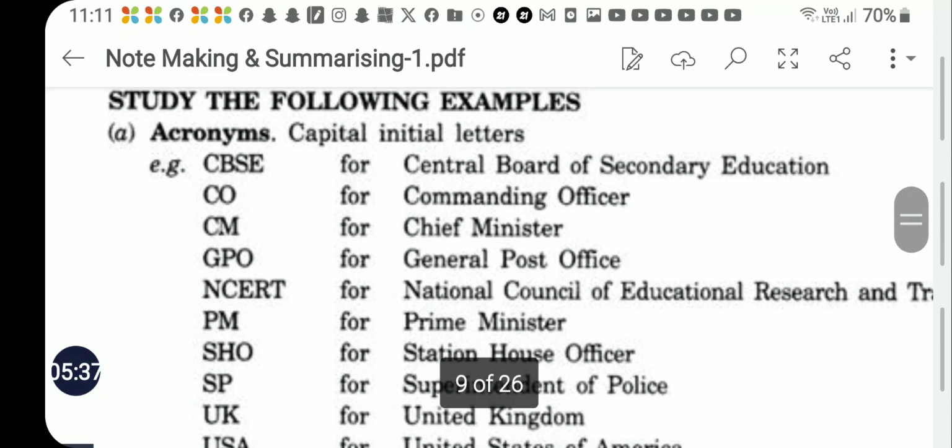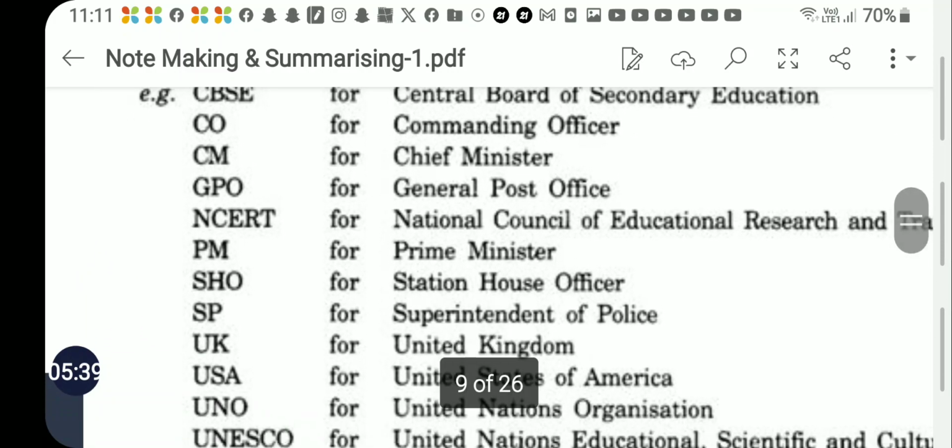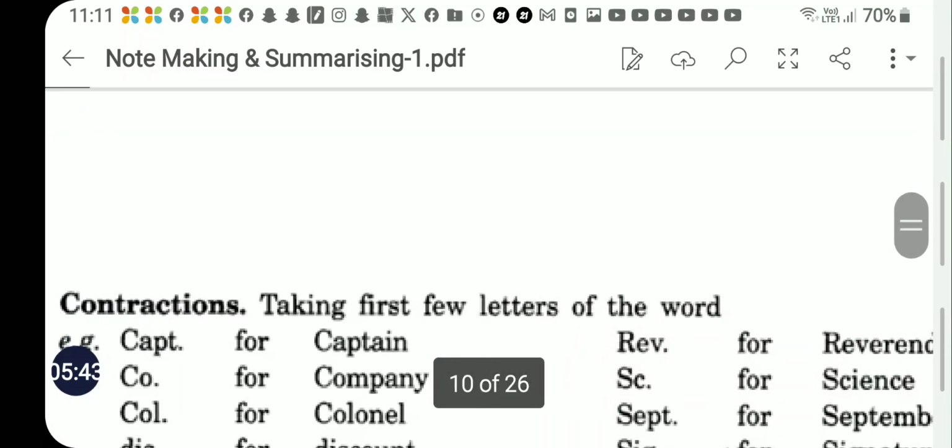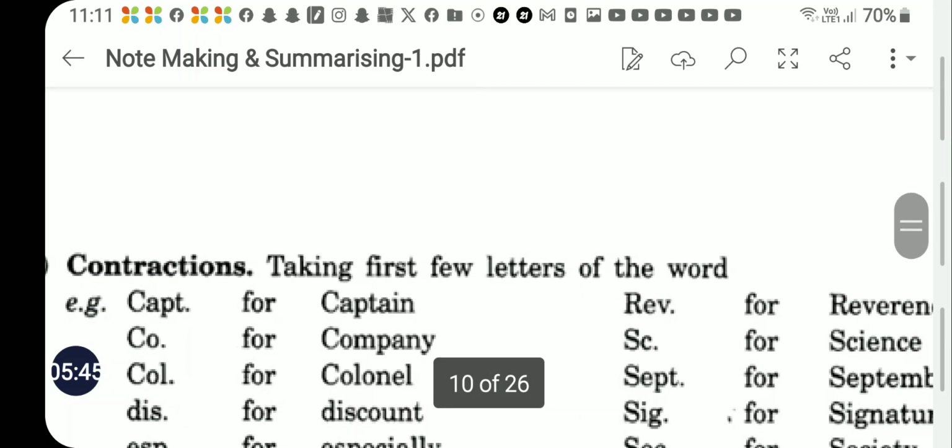So these are the acronyms, and you can see that these are written in capital letters, right?